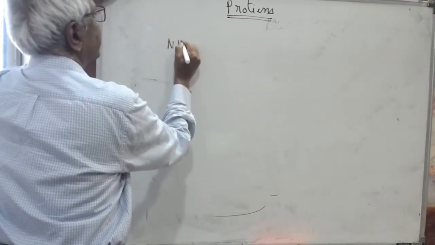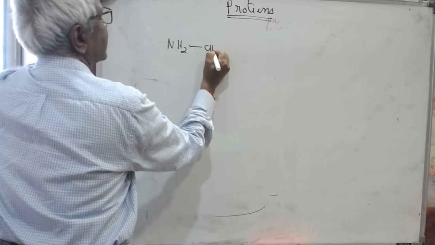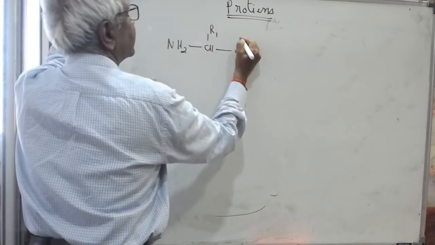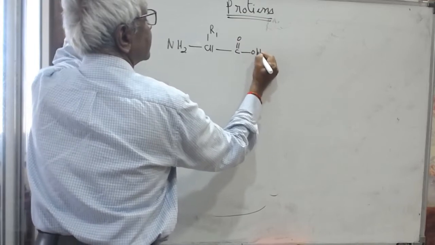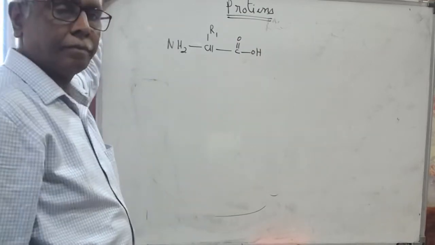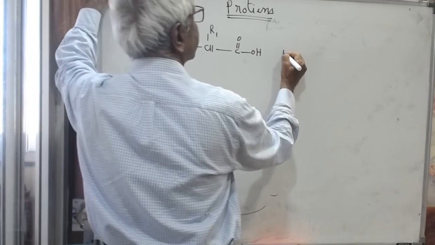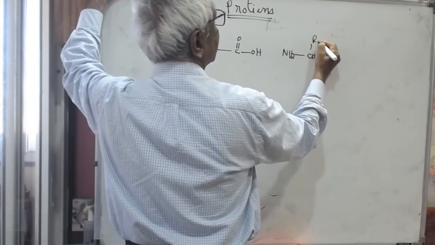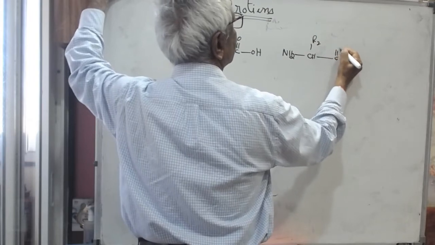Children, this is an amino acid. Say one amino acid. This is another amino acid, whichever it can be.